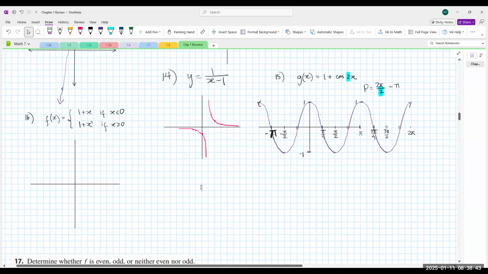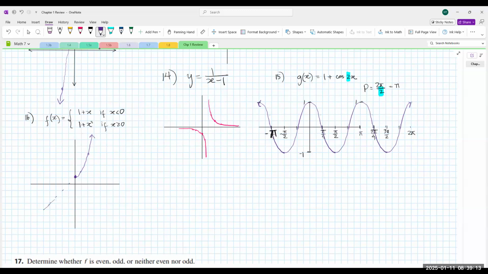Okay, so let's do the positive part first. 0 plus x squared looks like this, for x equals 0 or positive, right? While to the left of that, we have 1 plus x, means the y-intercept is 1 and the slope is also 1.